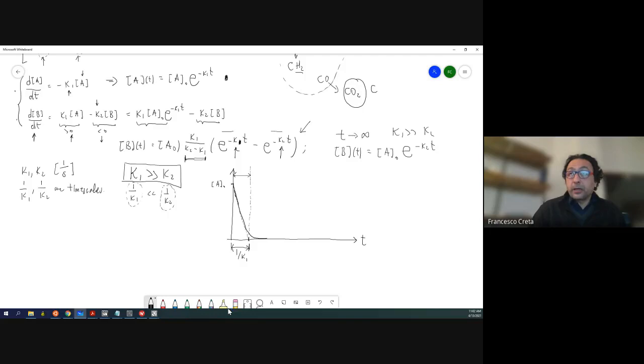Obviously, K1 is much bigger than K2 here. It's 1 over K1 that's smaller than 1 over K2. So the time scale associated to K1 is clearly smaller than the one associated to K2, but clearly K1 is much bigger than K2.